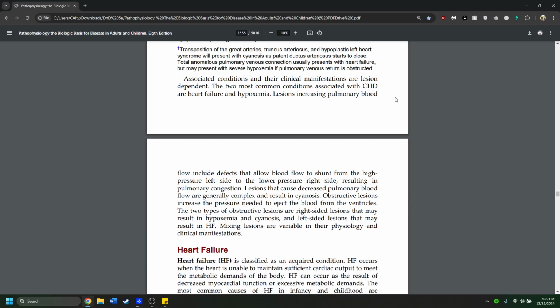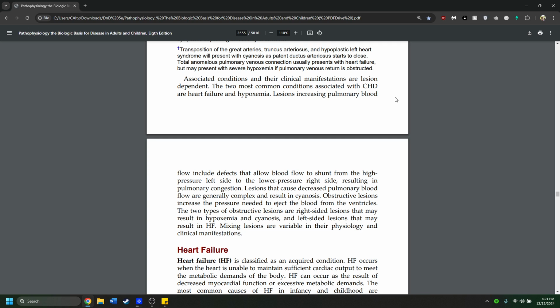Associated conditions and their clinical manifestations are lesion dependent. The two most common conditions associated with CHD are heart failure and hypoxemia. Lesions increasing pulmonary blood flow include defects that allow blood flow to shunt from the high pressure side to the lower pressure side, resulting in pulmonary congestion.